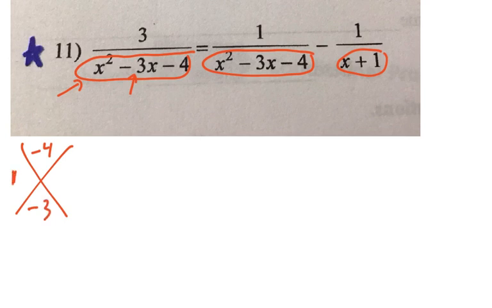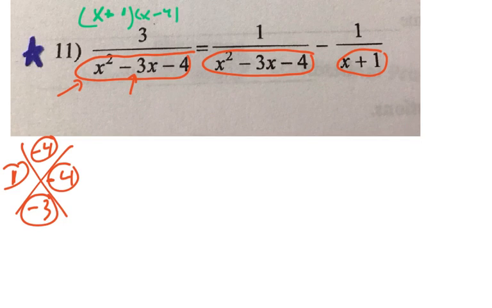That means I have to do 1 times 4 to get the 4, because to get the -3, I need to do 1 minus 4 to get -3, and 1 times -4 will be -4. So I know my factored form is going to be x plus 1 and x minus 4. And I know that's going to be at least part of my common denominator.